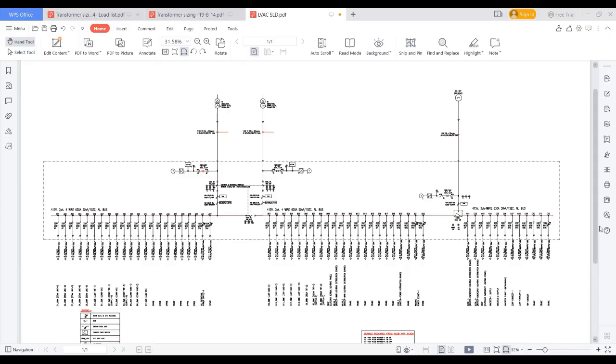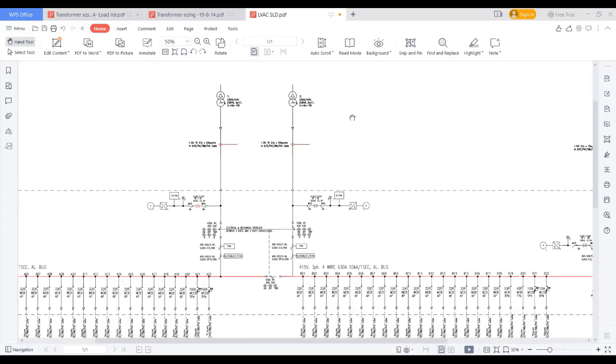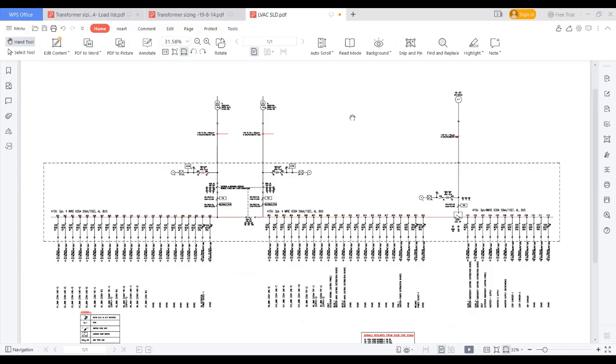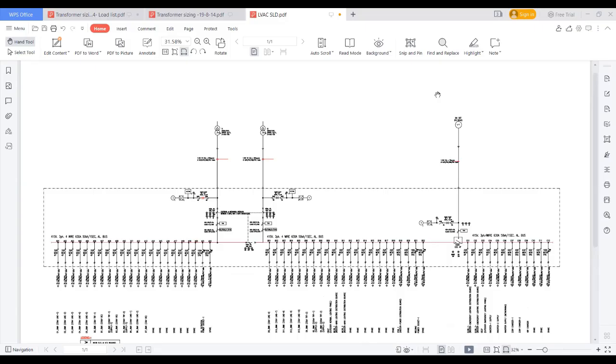Come to this single line diagram, team. This is the low voltage AC distribution single line diagram for our substation. Here, if you see the scheme, this is a general scheme you can see in most substations.